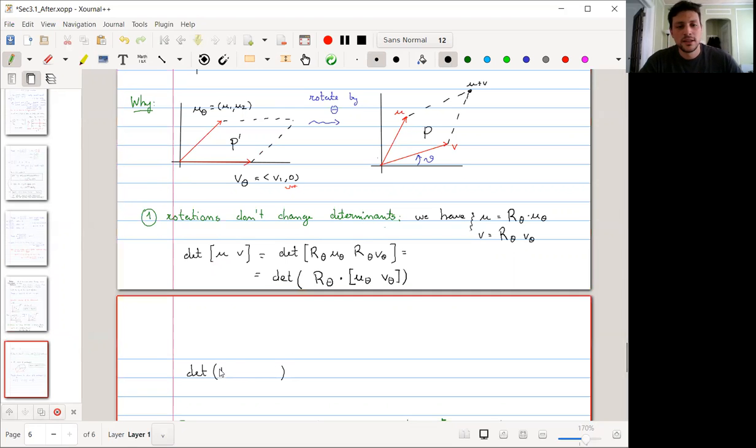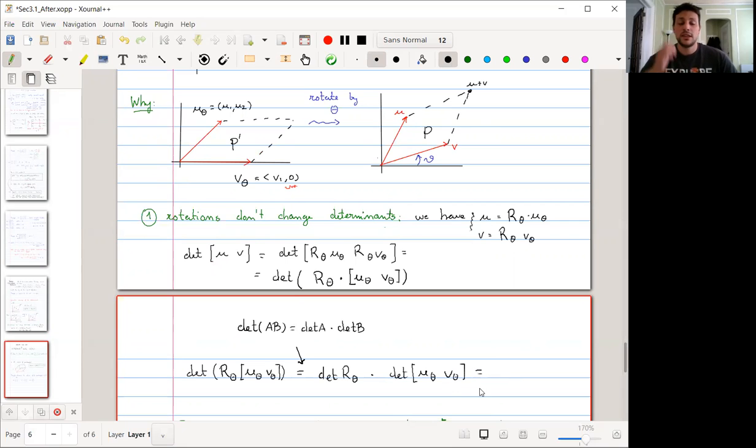And let's keep computing. Here's a fact which we haven't discussed just yet, but it's something that we'll see very soon, and it will become second nature. The determinant of a product of matrices is the product of the determinants. In other words, we can break this up as the determinant of the rotation matrix times the determinant of u theta v theta.